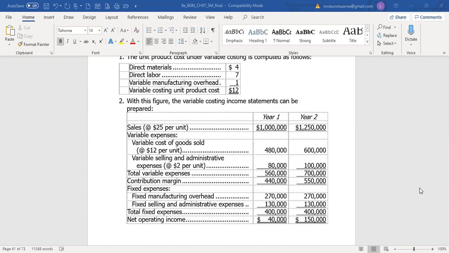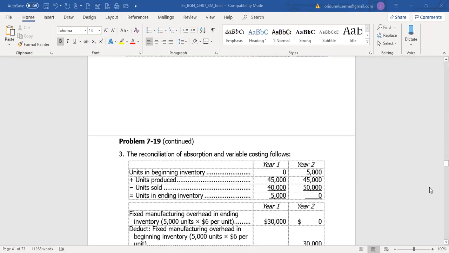Now, the third part says reconcile that absorption costing income statement that was presented on page 321 to the variable costing income statement you just did. So let's take a look.